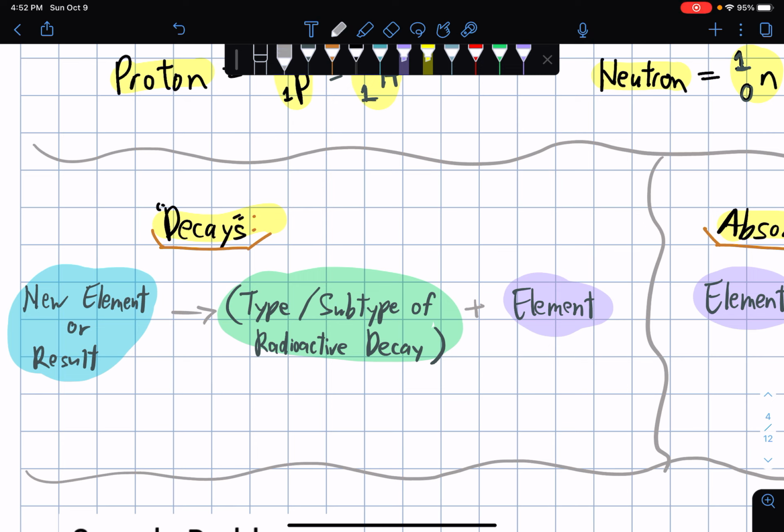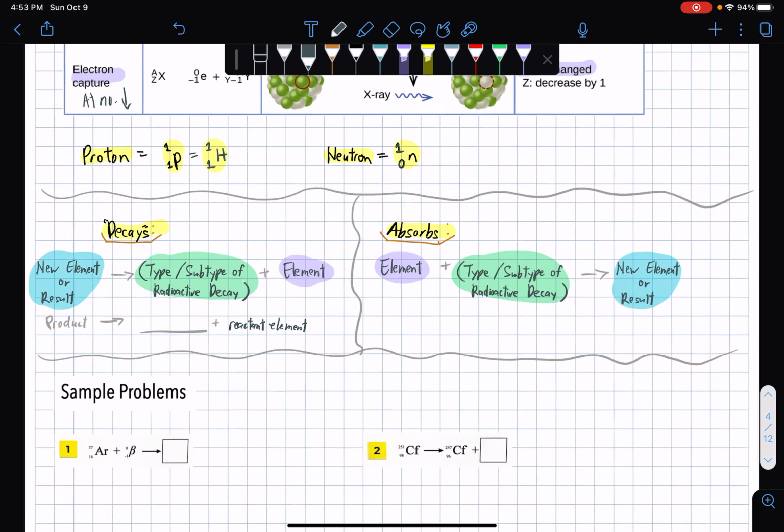The new element, or the product, would have an arrow here, and the type of radioactive decay, whether it's alpha, beta, positron emission, or gamma decay, any of these, and you add it with the initial element, the reactant. So that goes for decays.